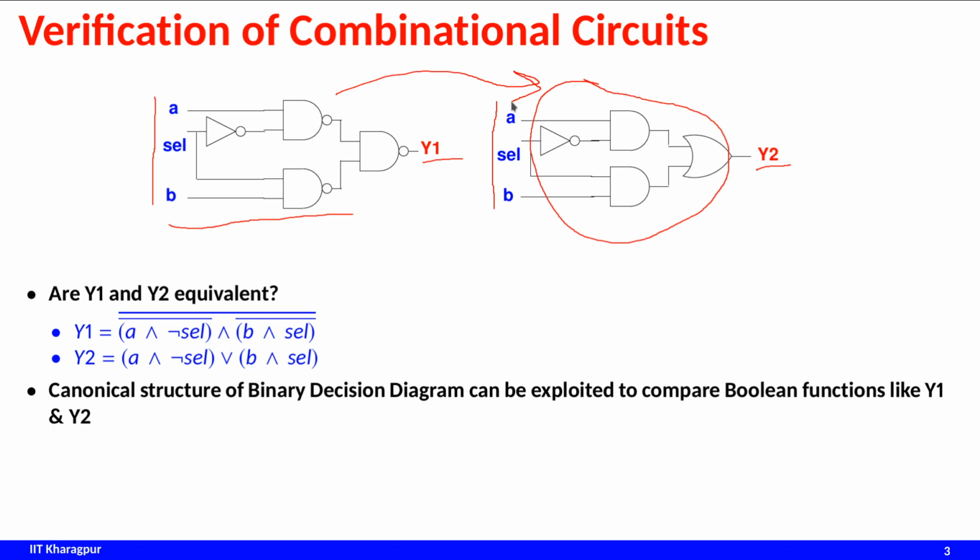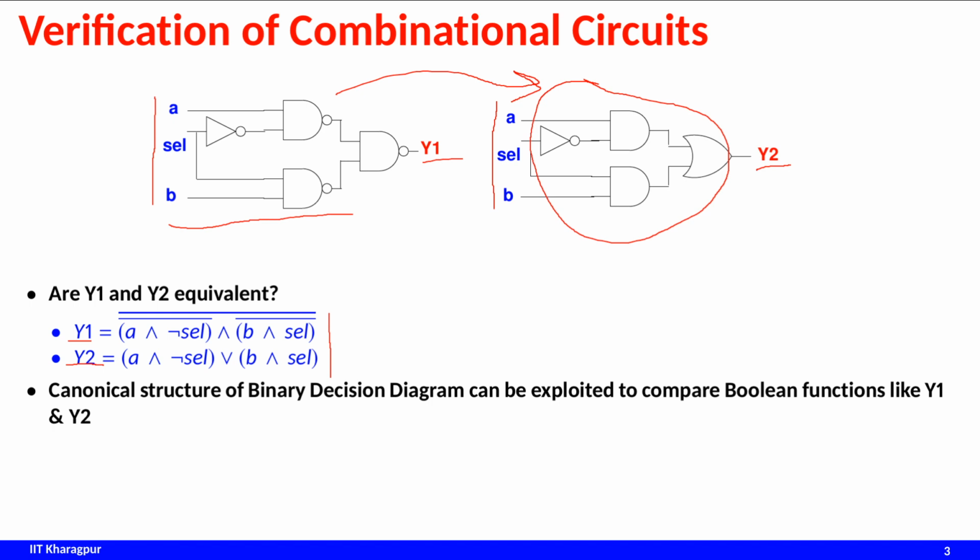If I want to verify this, what I can do is compute the Boolean expression for y1 and the Boolean expression for y2. If I do that, I will get two different expressions, because here it is implemented using NAND gates, and here it is not, it is an AND-OR implementation. So I get two different expressions, at least in the first go.